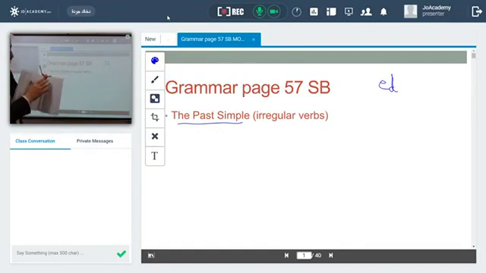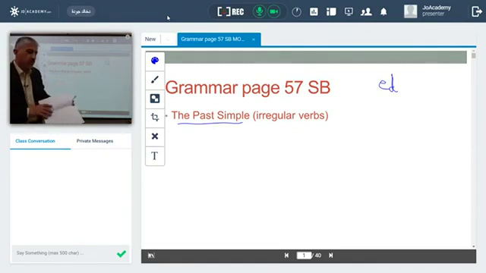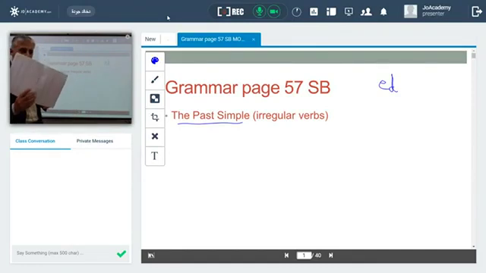We have the list of the most common irregular verbs, and try to memorize them by heart, because there is no fixed rule for writing these verbs. We need to memorize the past and the past participle for all these verbs so we can do the right grammar.